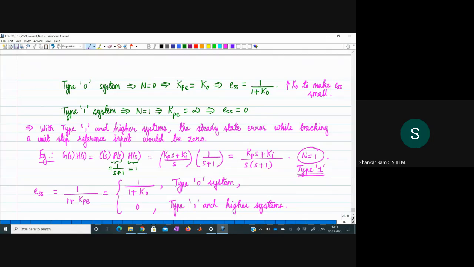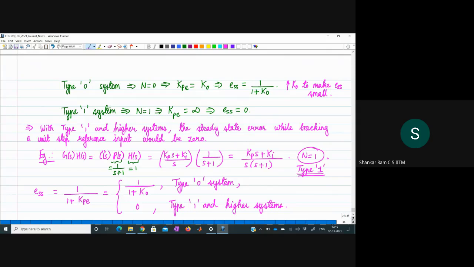So we can immediately observe that we can achieve zero steady state error by having an integral term in the open loop transfer function. Consequently, if we do not have an integral term in the plant transfer function to begin with, we can introduce an integral term through an integral controller, and that will help in achieving this desired property.